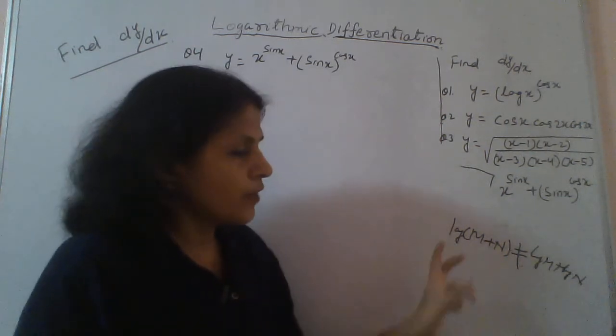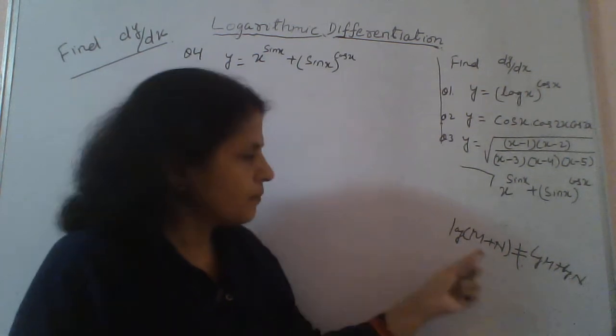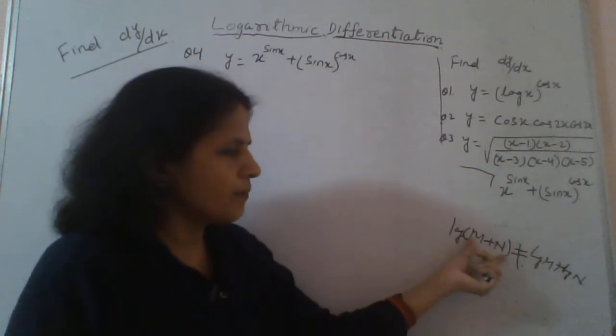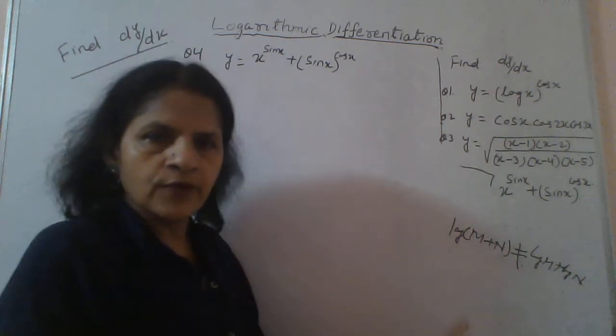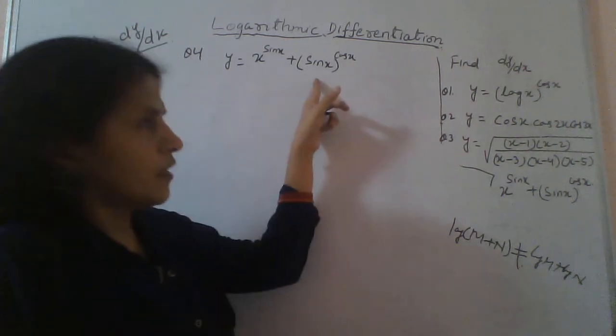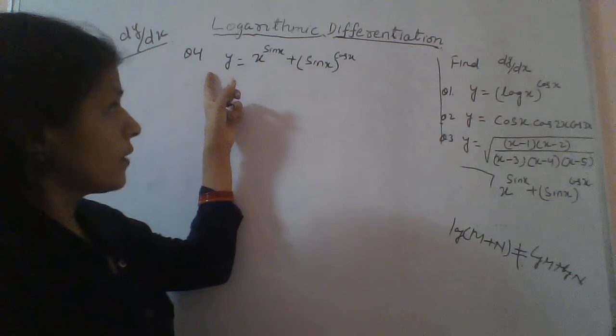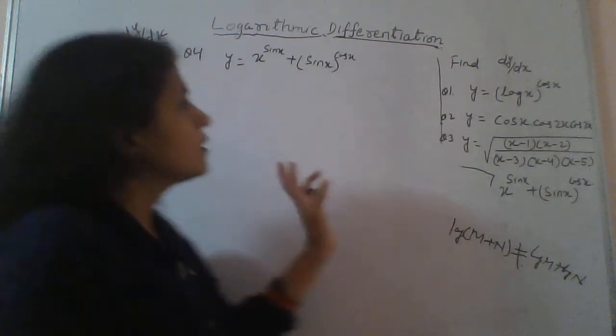Okay, we have log of m into n equal to log m plus log n, right? So because we do not have this property, we cannot take the logarithm of both sides. Even if you take log y, you cannot separate the terms, right? So that is the reason.